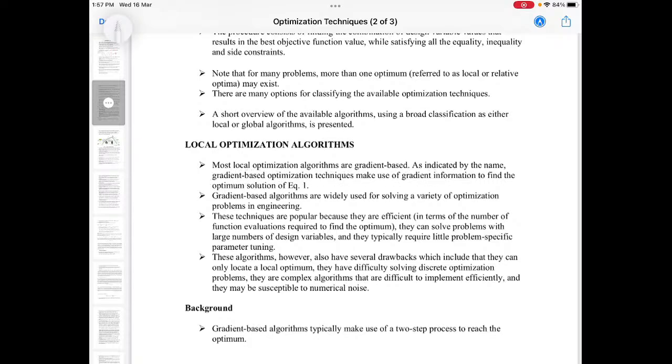As you know, the gradient is a function dependent upon a change, used to find the optimum solution. Gradient based algorithms are widely used for solving a variety of optimization problems in engineering.